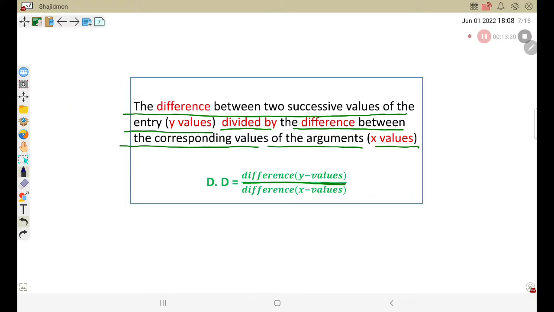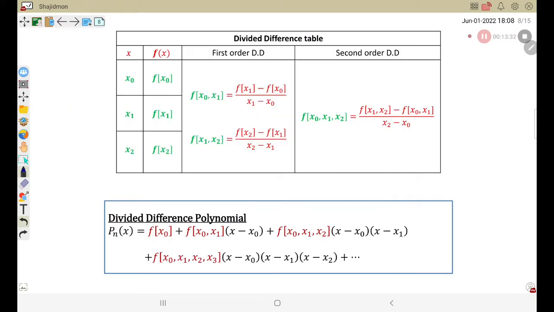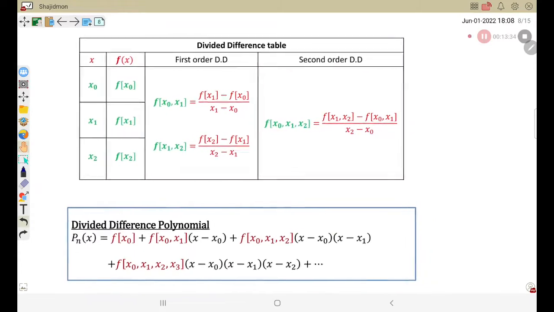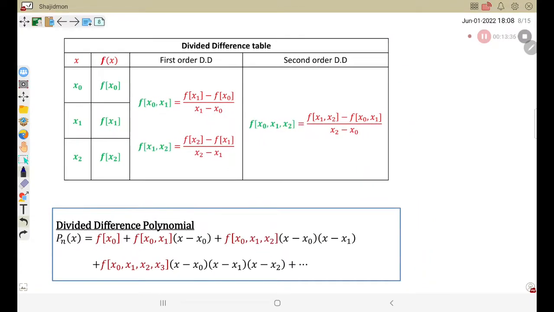How can we create that one? Now see, this is that table, the divided difference table. You can see here the divided difference table, x0, x1, x2, f of x0, f of x1, f of x2. These numbers are given in the question. So you need to calculate the first order divided difference, 2 numbers at a time. First means 2 numbers, correct?